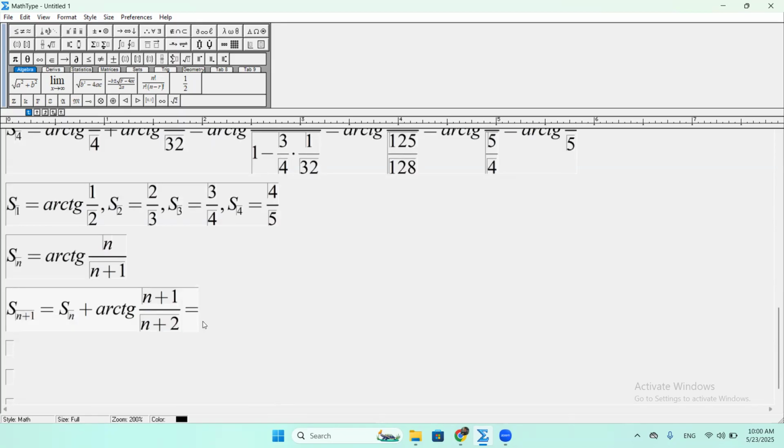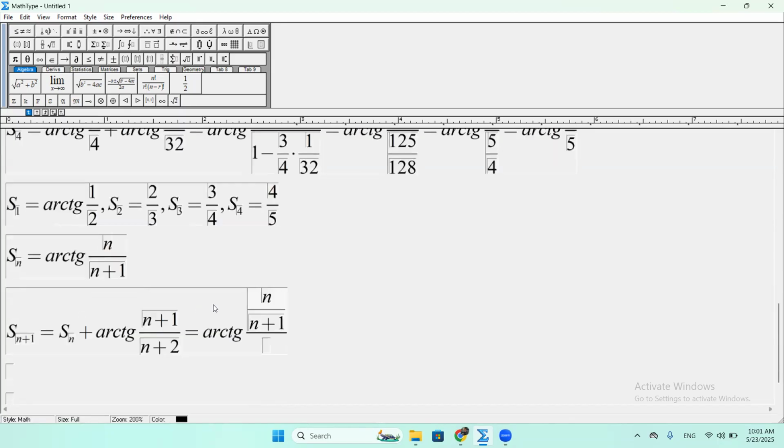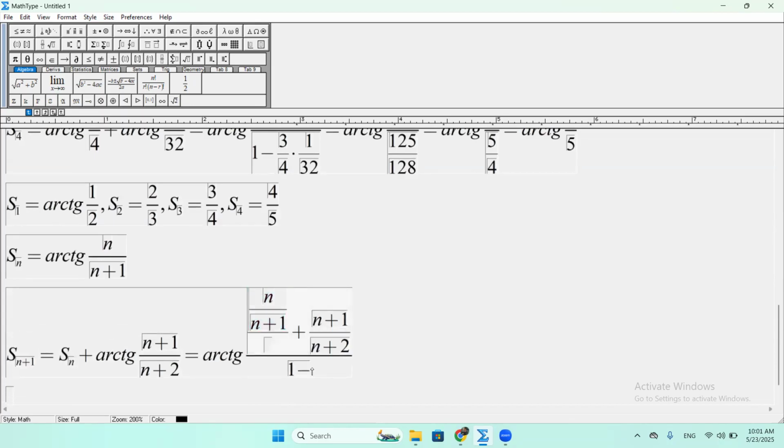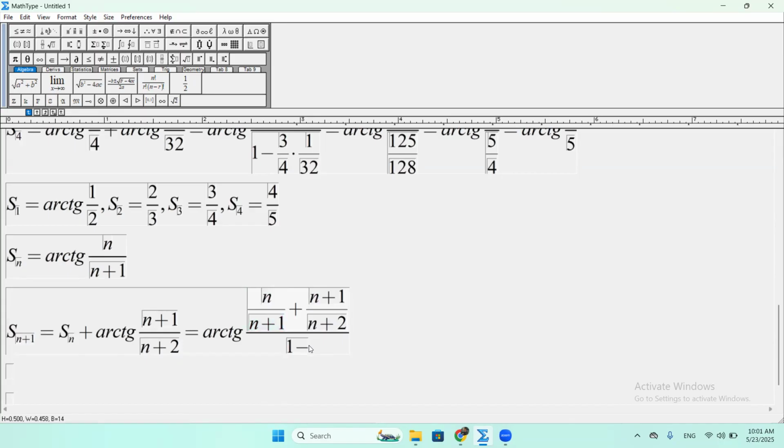So again, using the formula that we used previously, n over n plus 1 plus n plus 1 over n plus 2, and 1 minus n over n plus 1 times n plus 1 over n plus 2.